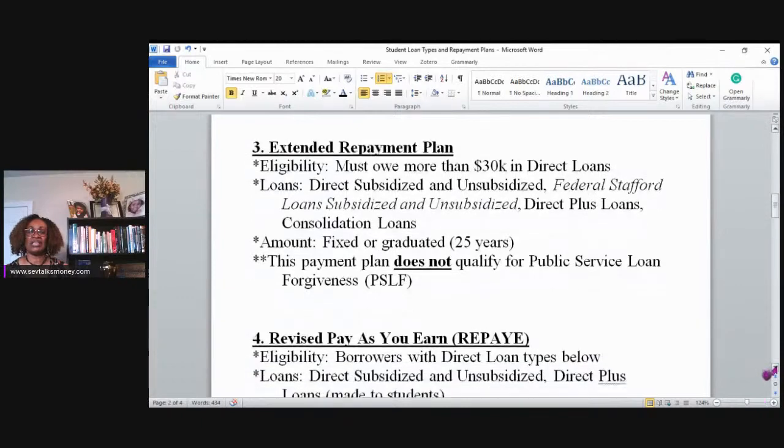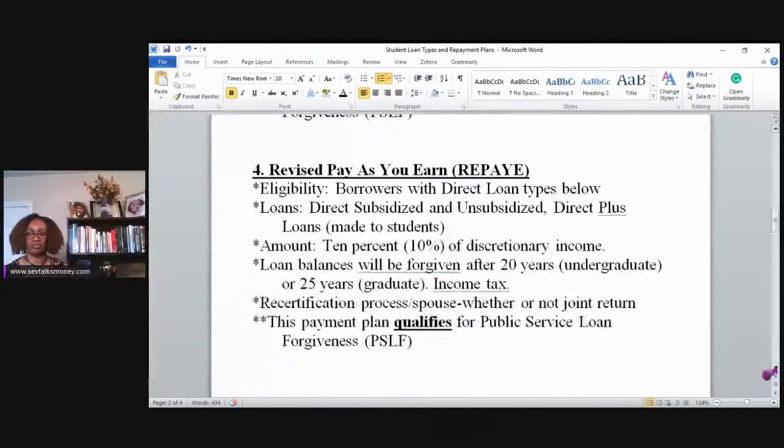Now, the next one is one of the most popular, and that's because it's based on your income. And so if your income is, say, $60,000 this year, and then you lose that job and you get a job making $40,000, the next year when you recertify, you're going to be able to pay less.